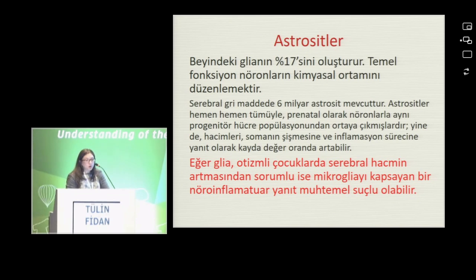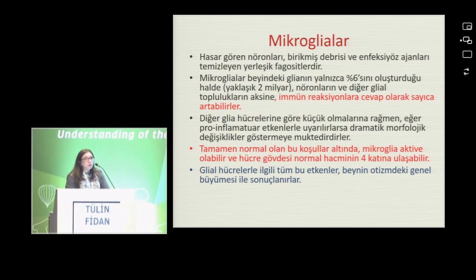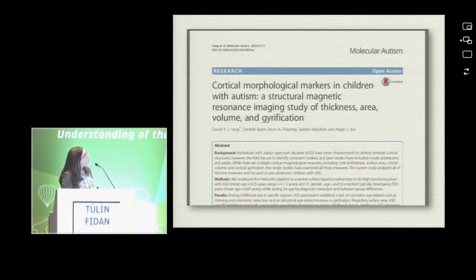If astrocytes are said to be responsible for the increase in the cerebral volume, then they must be taken into consideration in the treatment. Microglia cells are located throughout the frontal cortex.